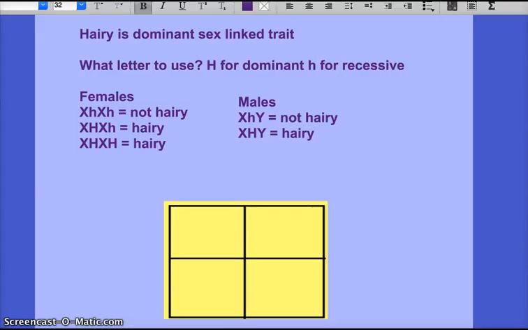Let's cross a hairy male with a normal female, or non-hairy.